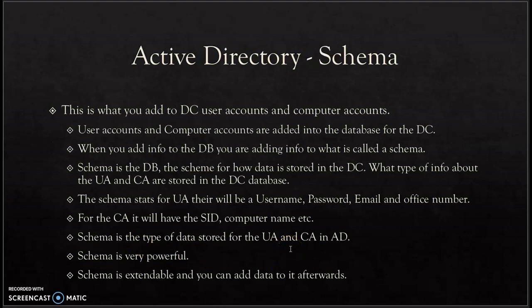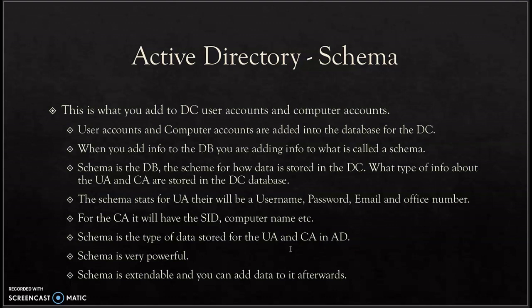Active Directory schema. This is what you add to domain controller user accounts. This is where you add the user accounts and computer accounts too. So let me just go into this. User accounts and computer accounts are added into the database for the domain controller.